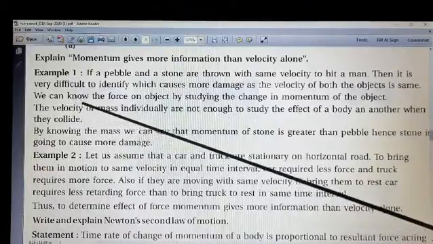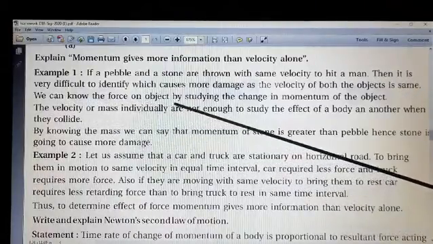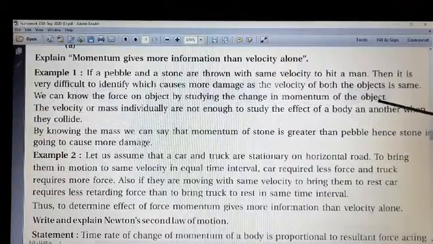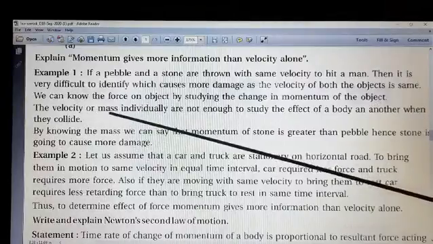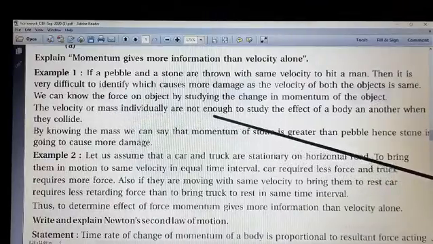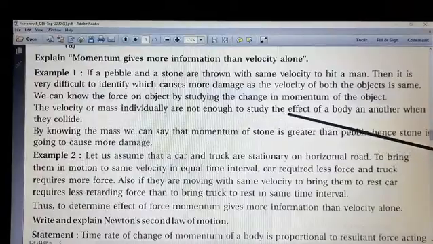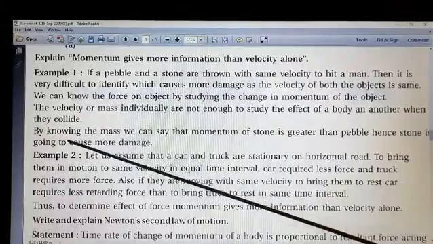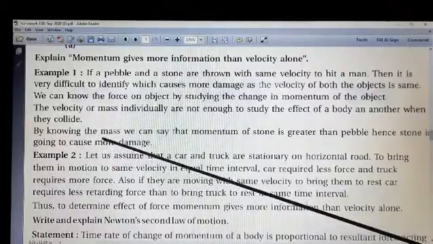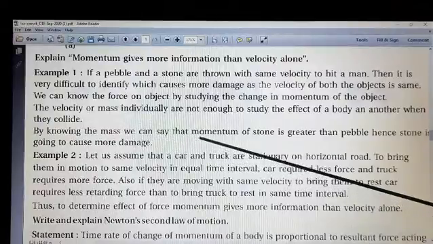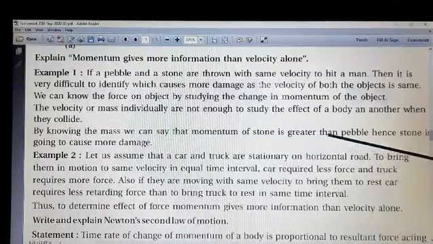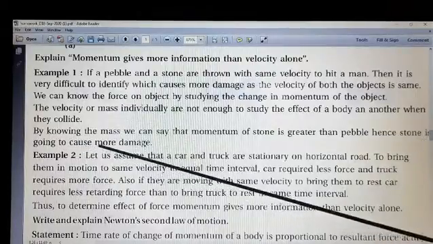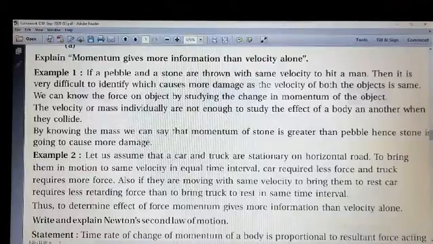So we can know the force on an object by studying the change in momentum of the object. The velocity or mass individually are not enough to study the effect when bodies collide. By knowing the mass, we can say that the momentum of the stone is greater than the pebble, hence the stone is going to cause more damage.